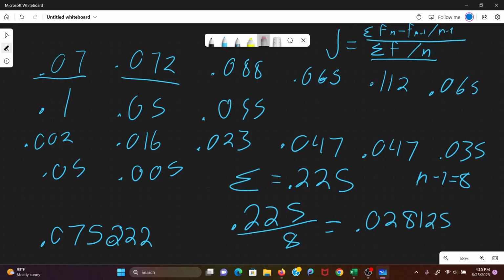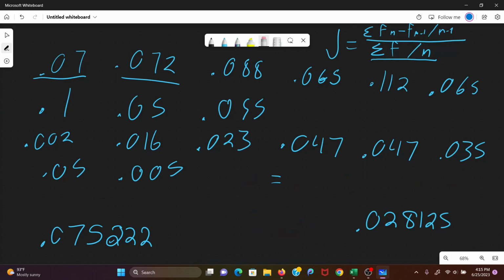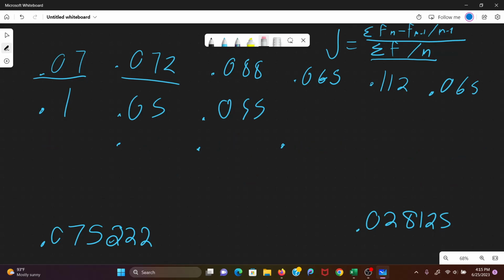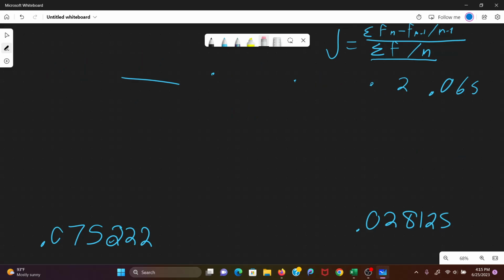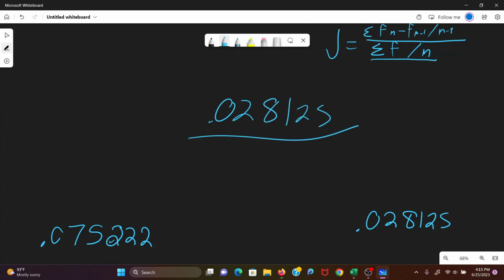All right, we have one last step, which is to put 0.028125 over 0.075222.